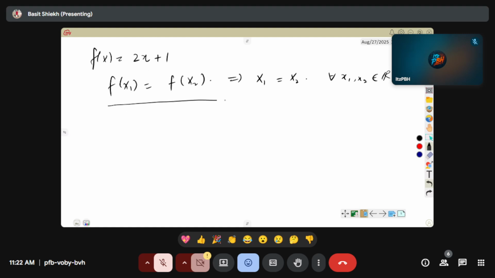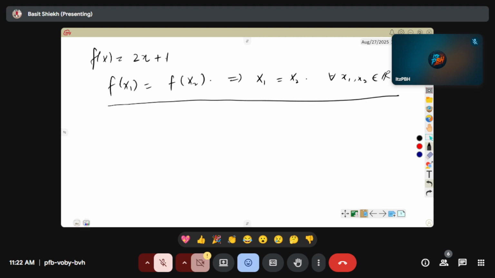The domain of the function is R, the set of real numbers.